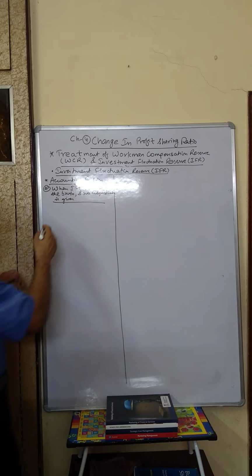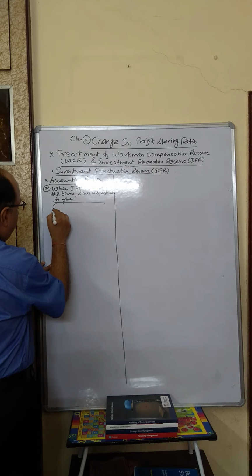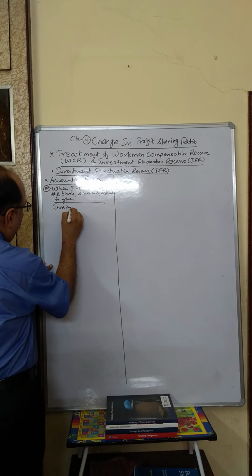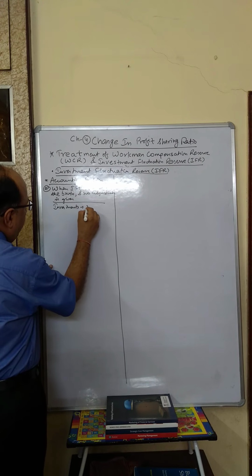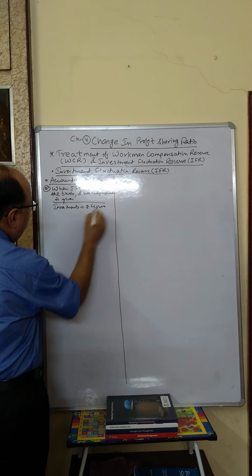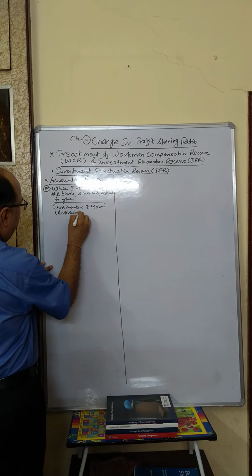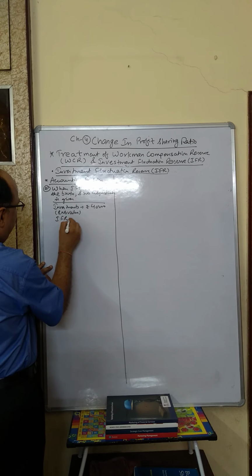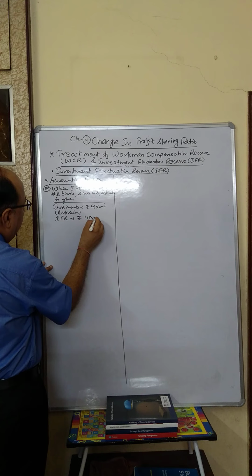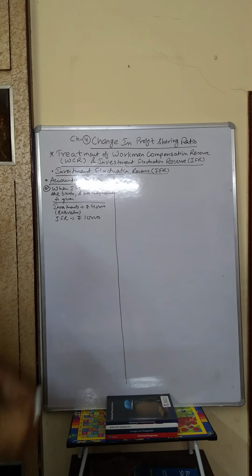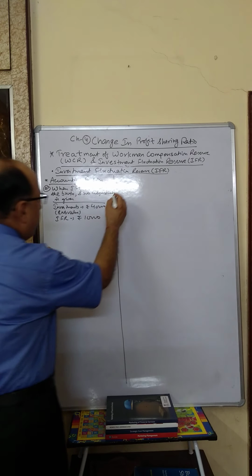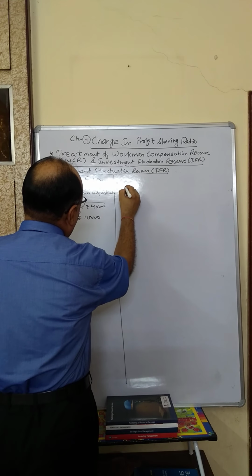IFR exists in the books and no adjustment is given. Say for example, investments are rupees 40,000. This is the book value. Market value is not given and IFR is given, say 10,000. In this case, the whole IFR will be distributed between the partners.